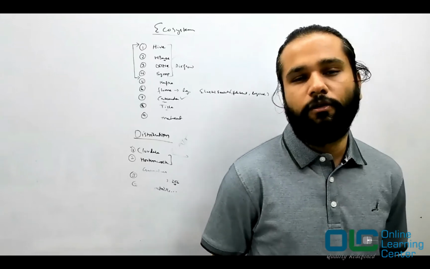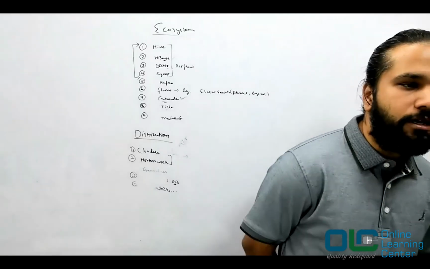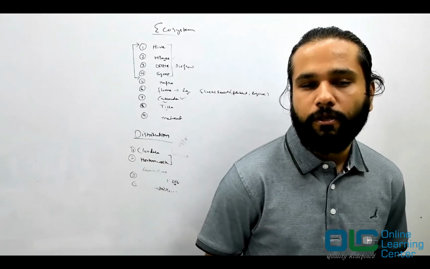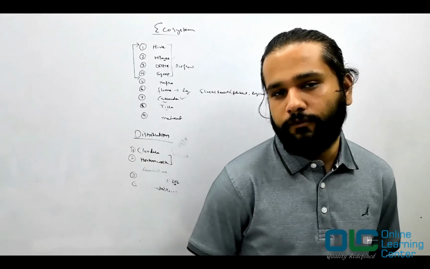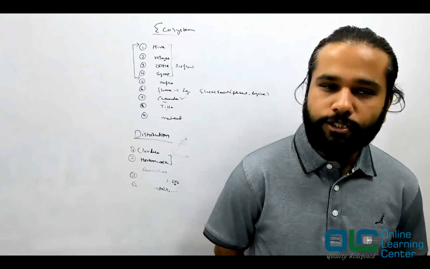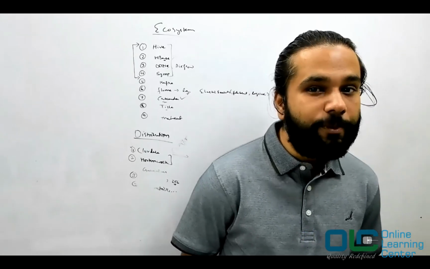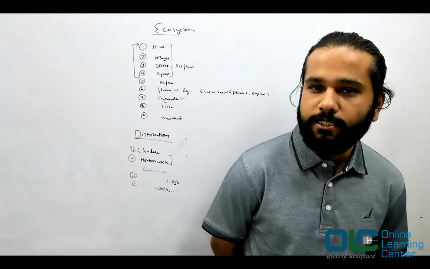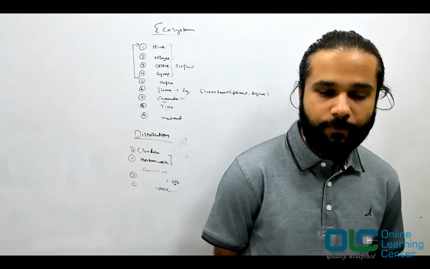People will not reject you just because you are not certified in this particular distribution and are certified in that one. More or less they are all the same, but you just have to go to the syllabus. The syllabus would be different, and according to the syllabus you can pick up any certification if you want to write one.